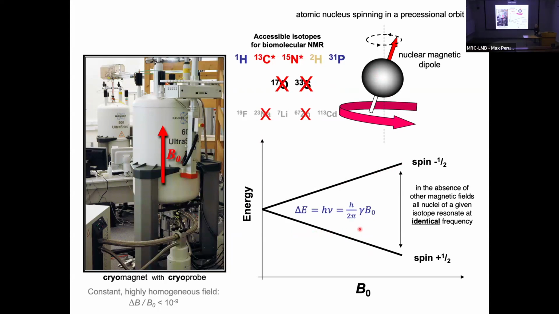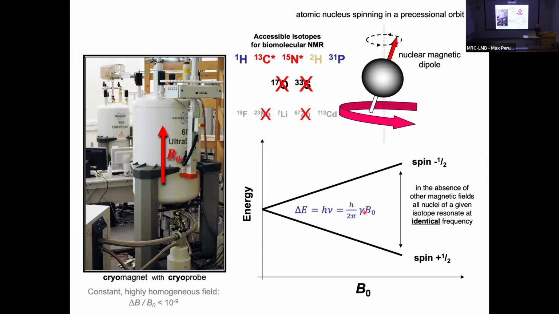Now, the signal strength that we get in an NMR spectrometer is determined directly by the population difference between these two energy levels. This is why NMR is such a fundamentally insensitive technique: this energy difference is so small, we're looking at a population excess of about one part in 10 to the 5 in the lower state compared to the upper state.